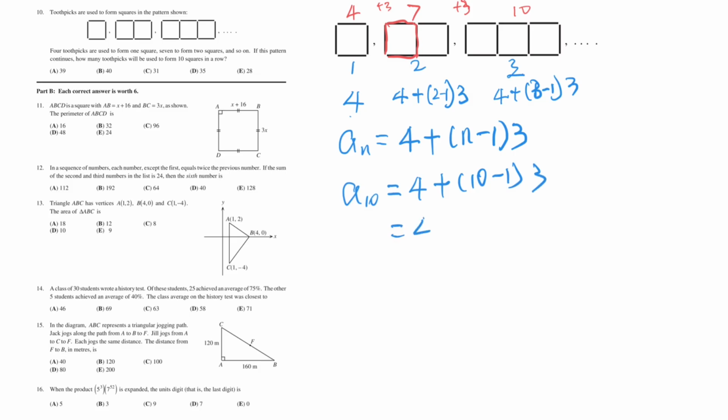That's 4 plus 9 times 3, that's 31. So the answer of number 10 is C.